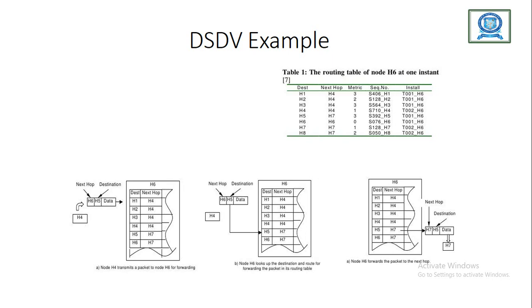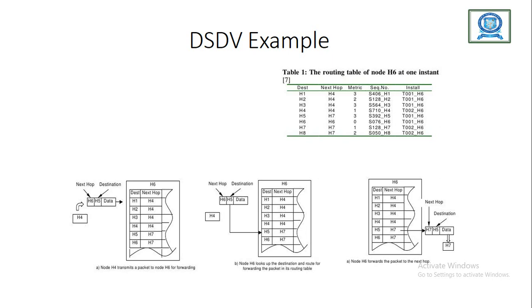H4 will transmit the packet with next hop H6, destination H5 and the data. This packet will be received by node H6, and it will check that the next hop is H6 and the destination is H5. So it doesn't open the packet, it just forwards the packet to its corresponding destination.